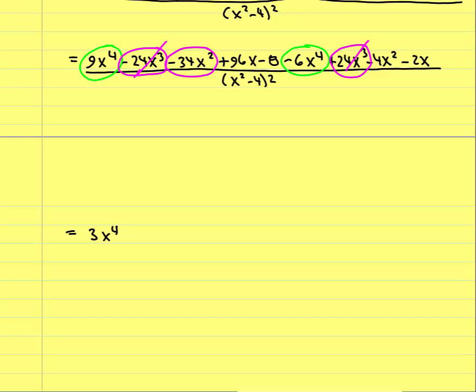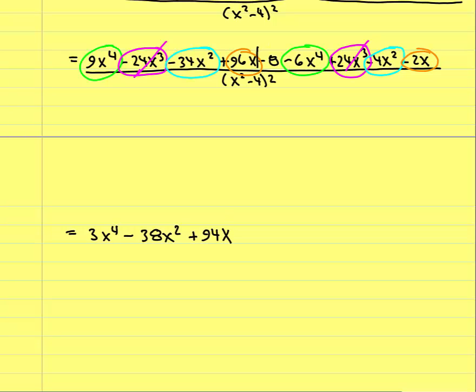Negative 34x squared minus 4x squared would be a negative 38x squared. Okay, next let's see what we have here. I have a 96x and a minus 2x. 96 minus 2 is a plus 94.